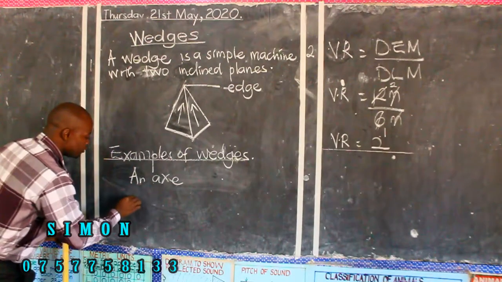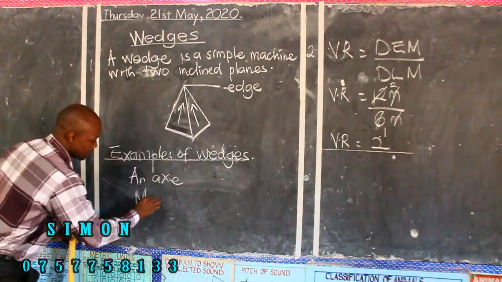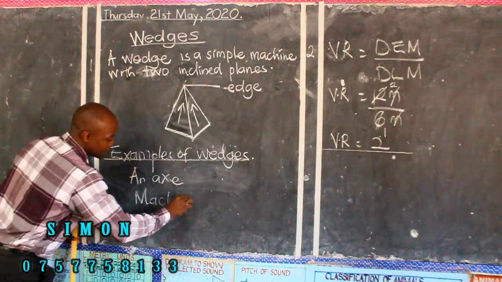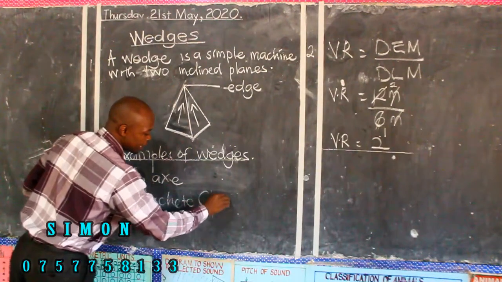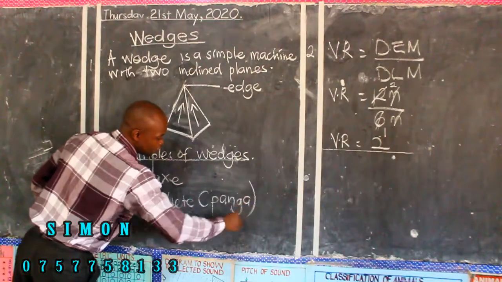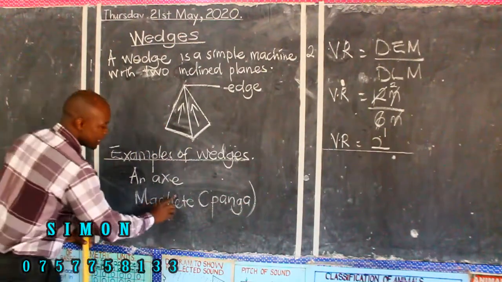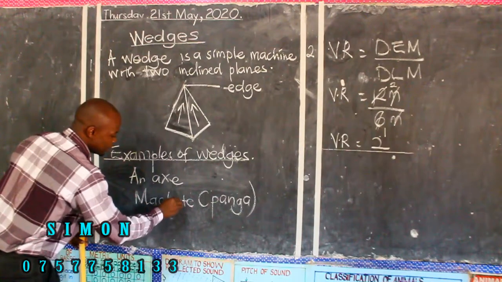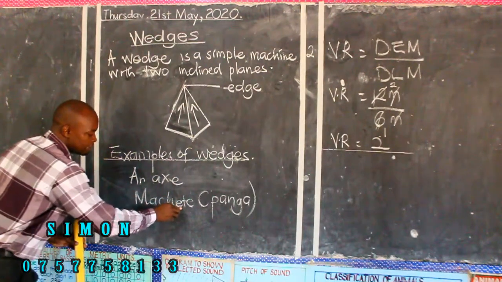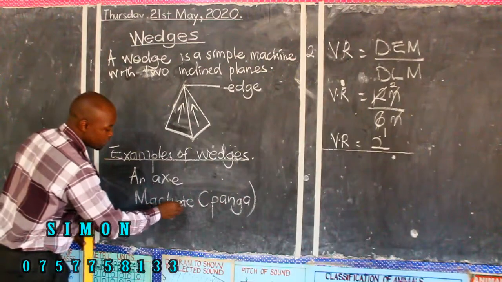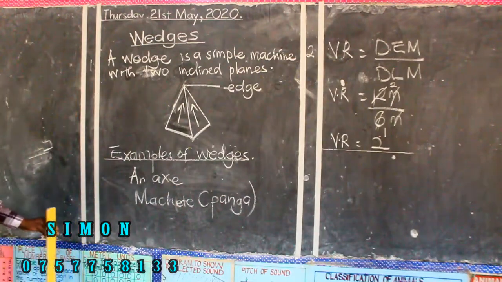We have what we call a machete, the one we call panga. You have always watched movies, they say machete kills. Machete is an English word for panga, but they have integrated the Swahili word panga into English.